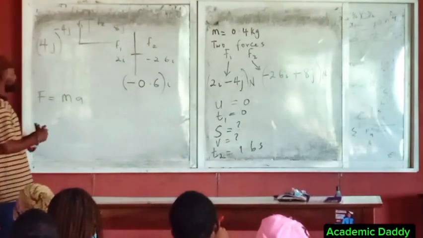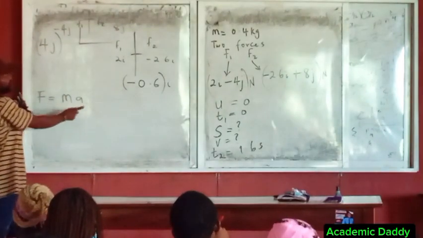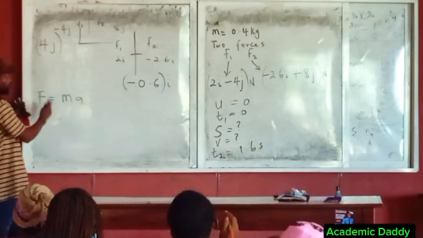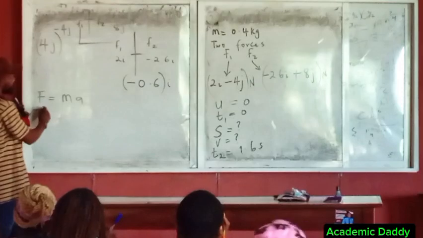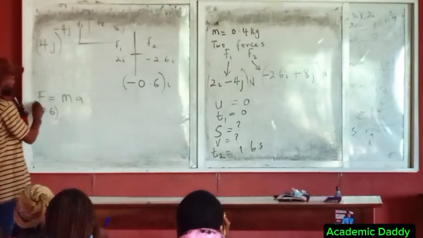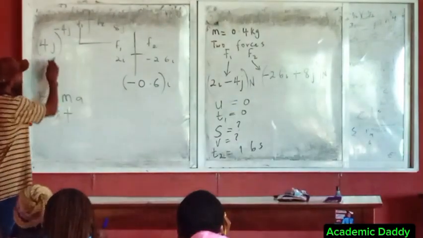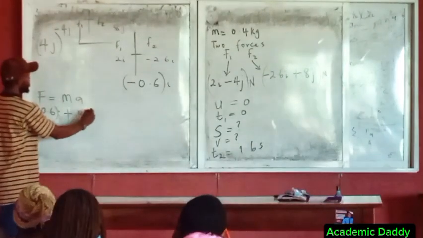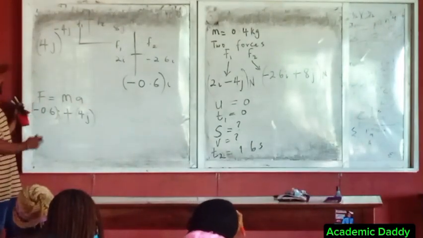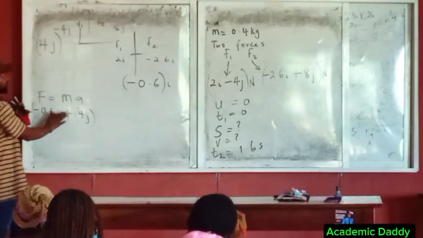So analyzing this now, I'll simply have F. Now I have my F as minus 0.6i, 4j, right? Now notice something. I will not use plus because I'm not adding it up.